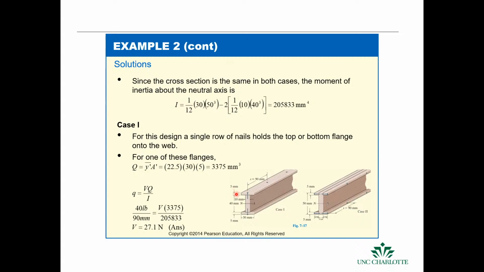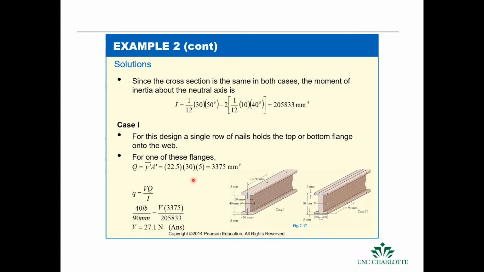Okay, so that's 45. So half of 45 puts us in the middle. So that's 22.5. Then we multiply the width times the thickness for that area, and we get this Q term here. And then when we plug that in, we can find that it's 27 newtons. And we use the same I for both.